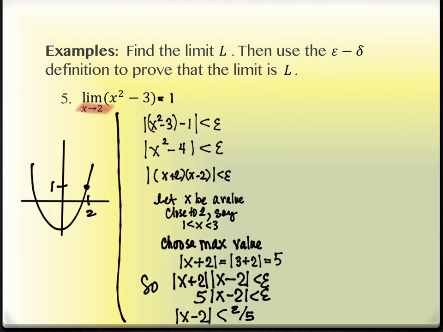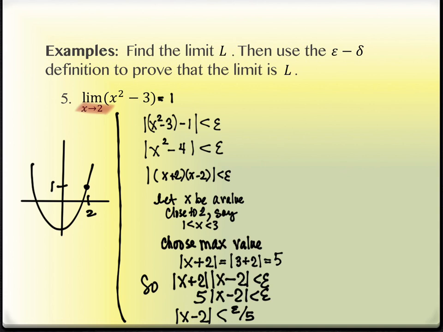The last one was epsilon over 3. If you had decided you didn't want to go from 1 to 3 and you wanted to go from 1.5 to 2.5, that's fine. You would just let 2.5 be your number, and you'd put 2.5 in for x. You'd get 2.5 plus 2 is 4.5, and we'd be dividing by 4.5. That'd be fine. It's just kind of awkward looking to divide by decimals sometimes, so whole numbers are a little prettier. And again, it actually made it a little bit tighter.